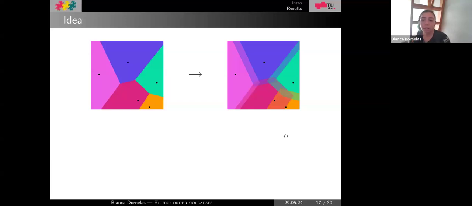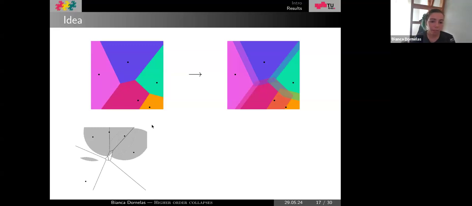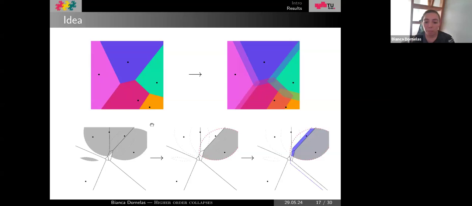And this is interesting for us because of what happens when we intersect the k-fold cover with the Voronoi. Here we have an image of the case k equals 2. Let's take a look at one lens in particular, right? When we expand the Voronoi region, we can see that the region of intersection naturally increases.